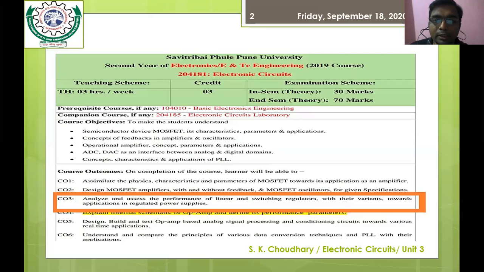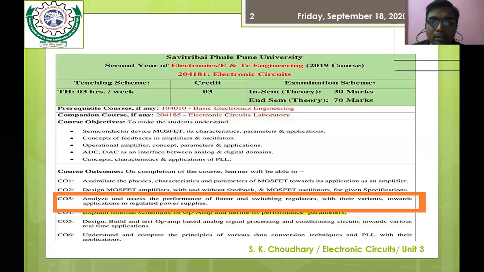According to the syllabus of Pune University, I have planned 6 outcomes for this course, Electronic Circuits. The third CO is written as a course outcome: analyze and assess the performance of linear and switching regulators with their variants towards the application in the regulated power supply.